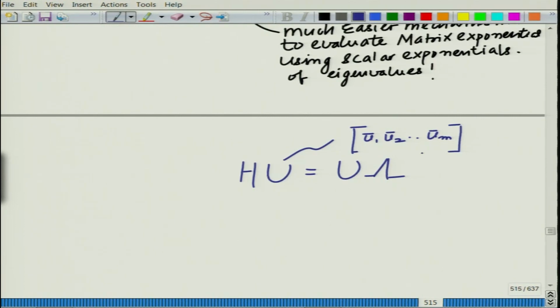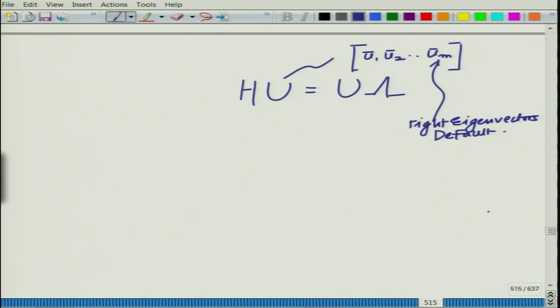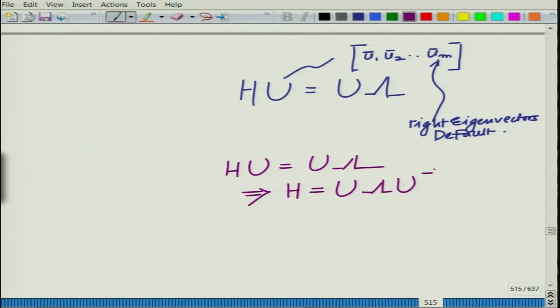In fact, to be more specific, I can call these right eigenvectors, which is what we usually mean by default. Therefore, this gives me H U equal to U lambda. Bringing U to the right, this gives H equal to U lambda U inverse.